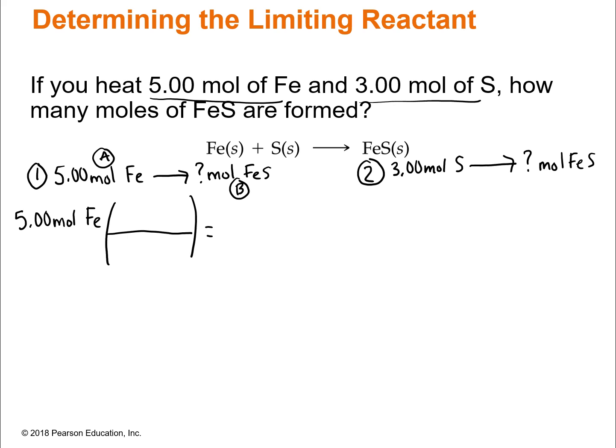Not 5 to 1. So remember, you're going to the chemical equation. So next time I'll write the A and B over the chemical equation. I think that might make it a little bit clearer for you.